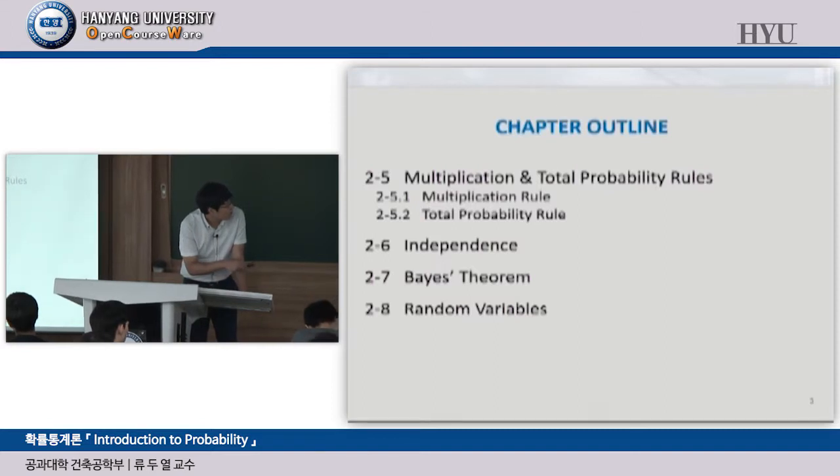After finishing this chapter, we are going to study about the independence and how the probability is affected by the independence will be discussed. After that, we are going to study about the Bayes theorem. And then finally, we are going to study about the random variables. So this is the order of this chapter.